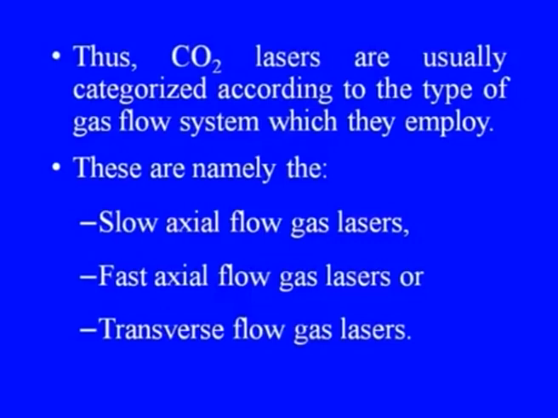Thus, carbon dioxide lasers are usually categorized according to the type of gas flow system which they employ. These are namely the slow axial flow gas lasers, fast axial flow gas lasers and transverse flow gas lasers.